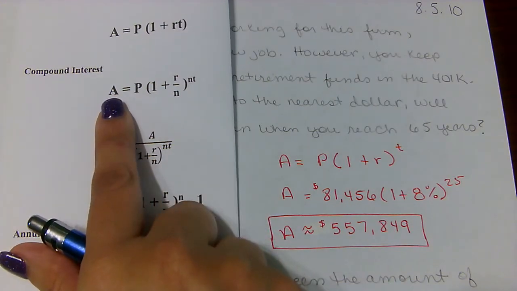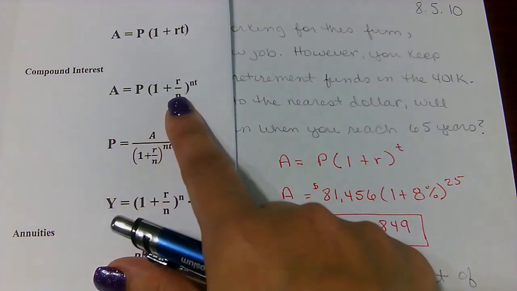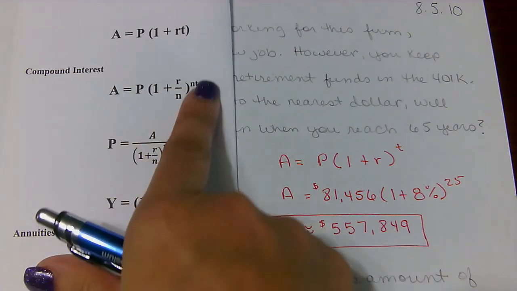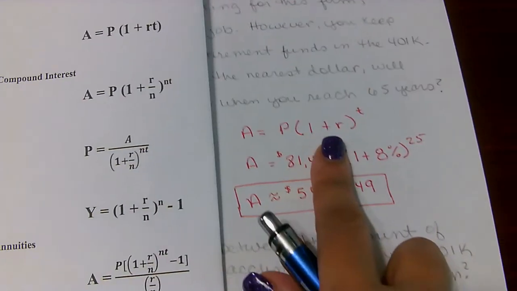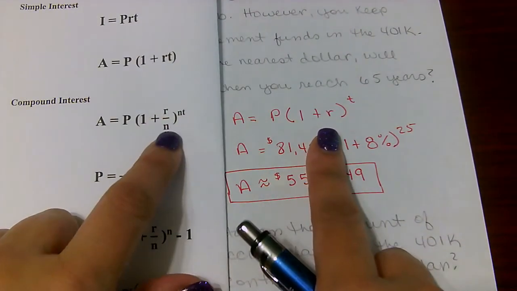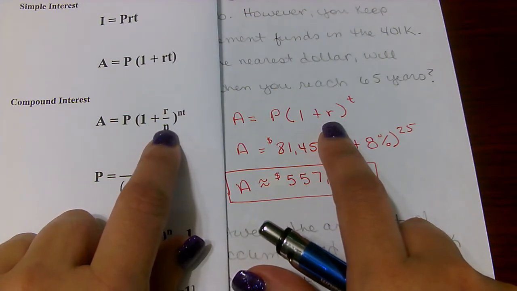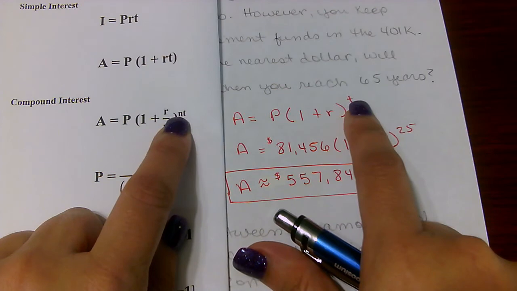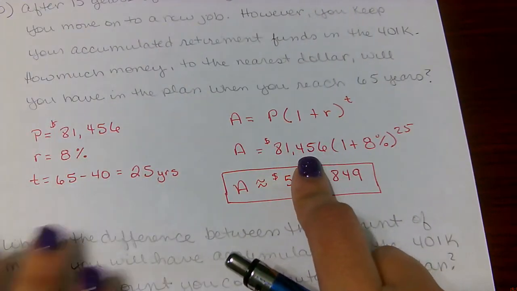This is going to be my future value based on the amount of money I have now, compounded over a certain time. So this is the formula that I'm going to use. I wrote it down here, but as you can see, since n is equal to 1, I didn't include the n here or up here.